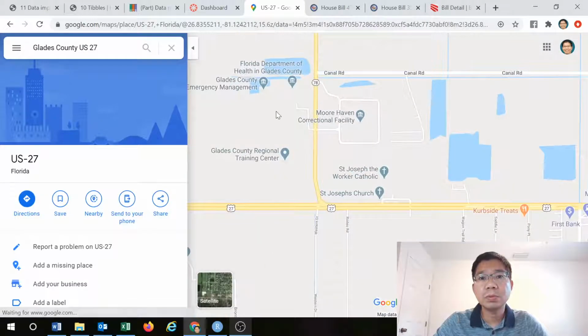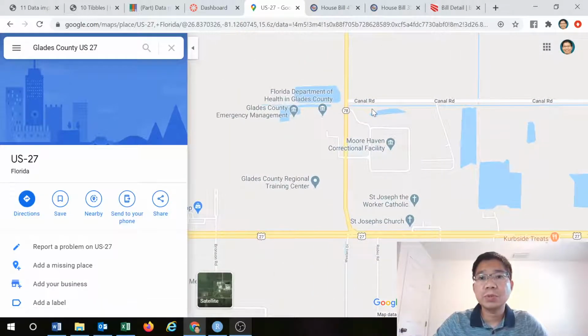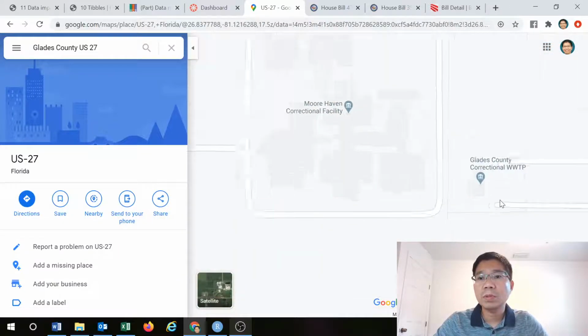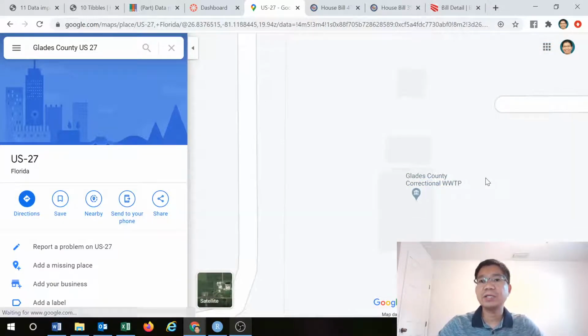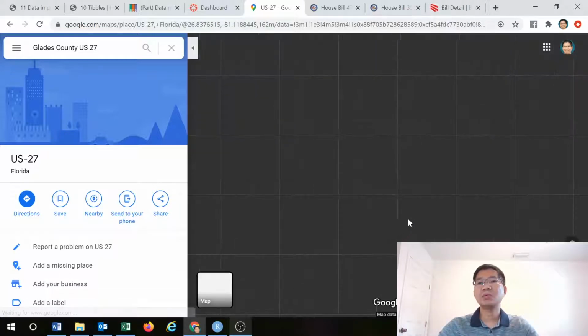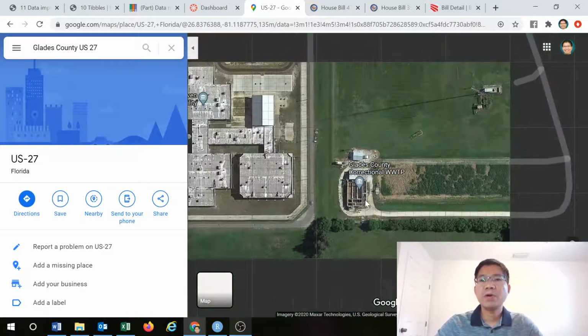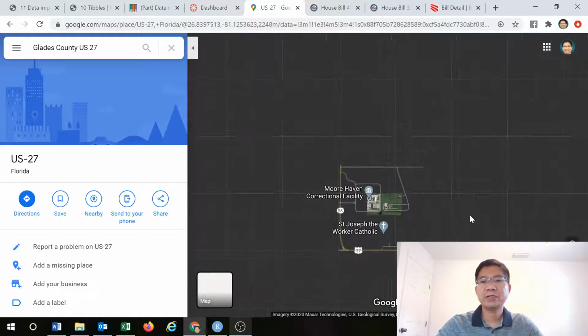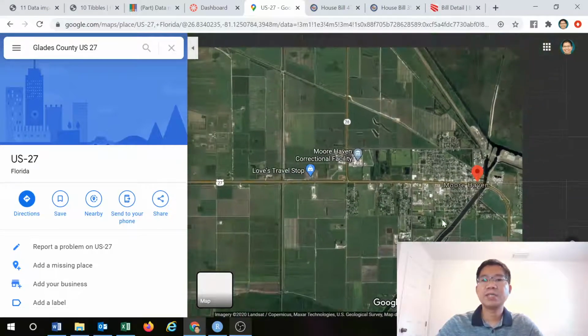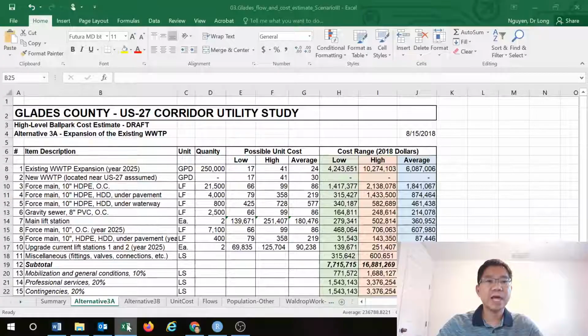The wastewater treatment plant that you see there, the Lake County Correctional Wastewater Treatment Plant. So that's what they have here. Should we expand this, or build a new one in the other area? All of that needs to be considered. So that is what the alternative analysis is all about.